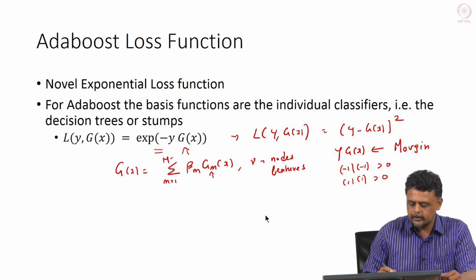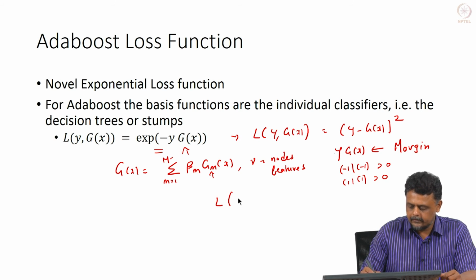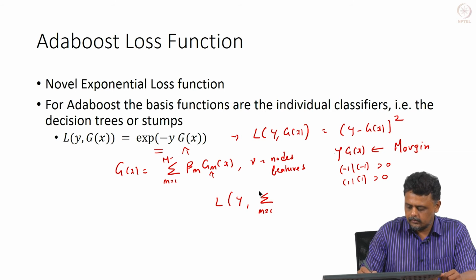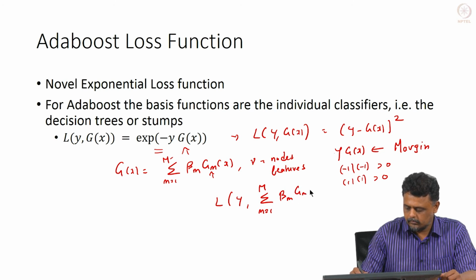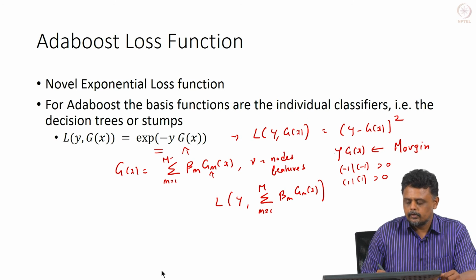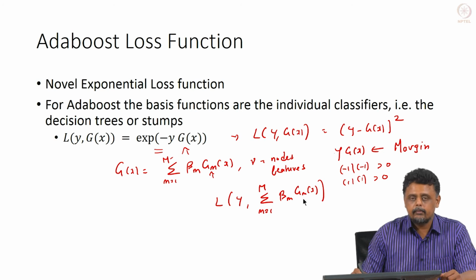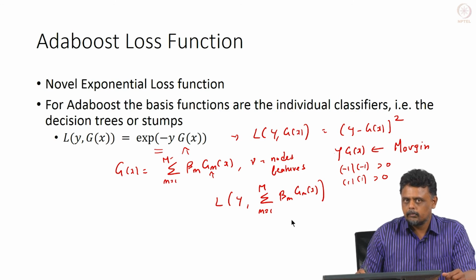So, if you have a loss function which takes as input the y and your model, then you will estimate all of the parameters for all of the individual decision trees, the weak learners, in one shot, but this is a difficult problem to solve.